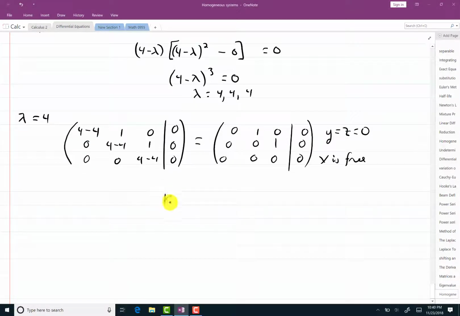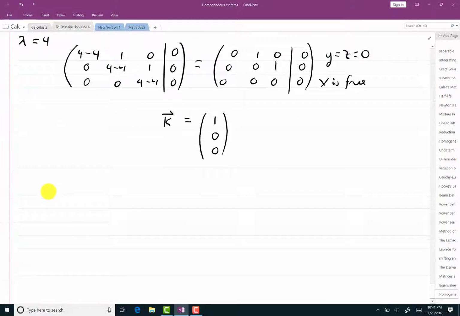So when you create your eigenvector, I know that y and z have to be 0. x can be literally anything except 0. So probably the easiest choice for x is to allow it to equal 1. So I have one eigenvector.